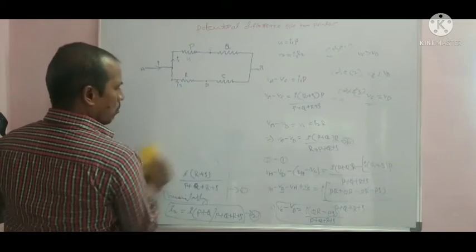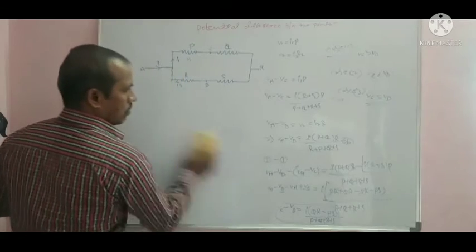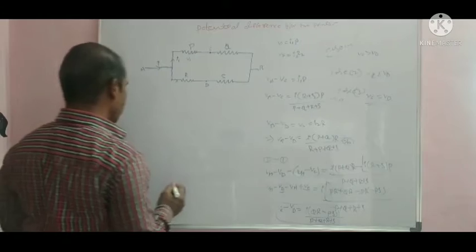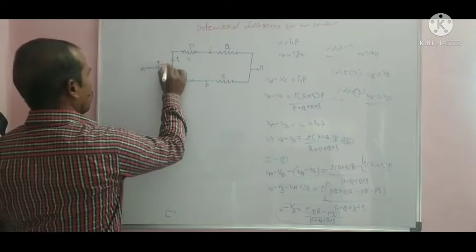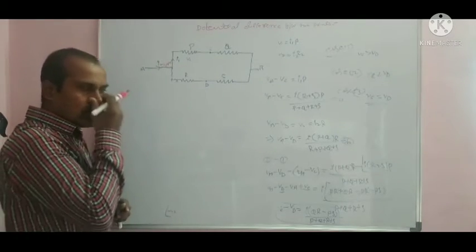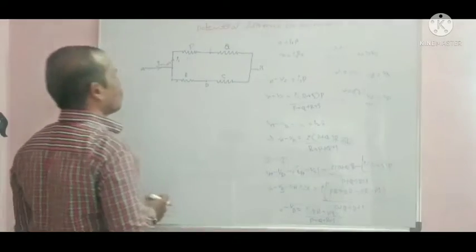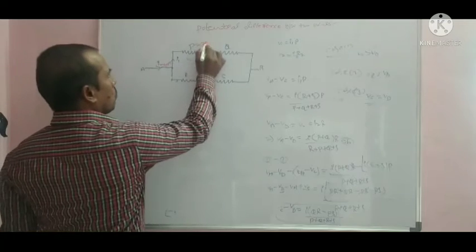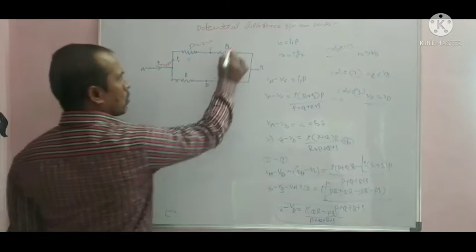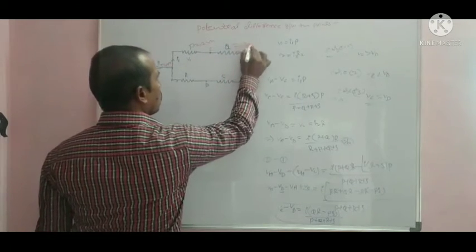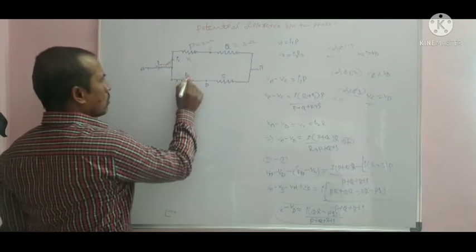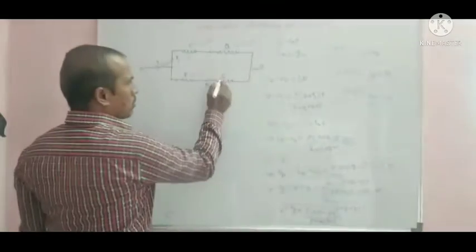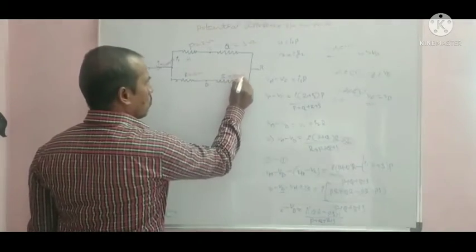For example, one problem. Find the potential difference. Here I is equal to, for example, 4 ampere. I is equal to the total current here. I is equal to 4 ampere. Here P is equal to 2 ohm. For example, Q is equal to 3 ohm. And R is equal to, for example, 5 ohm. For example, S is equal to 20 ohm.